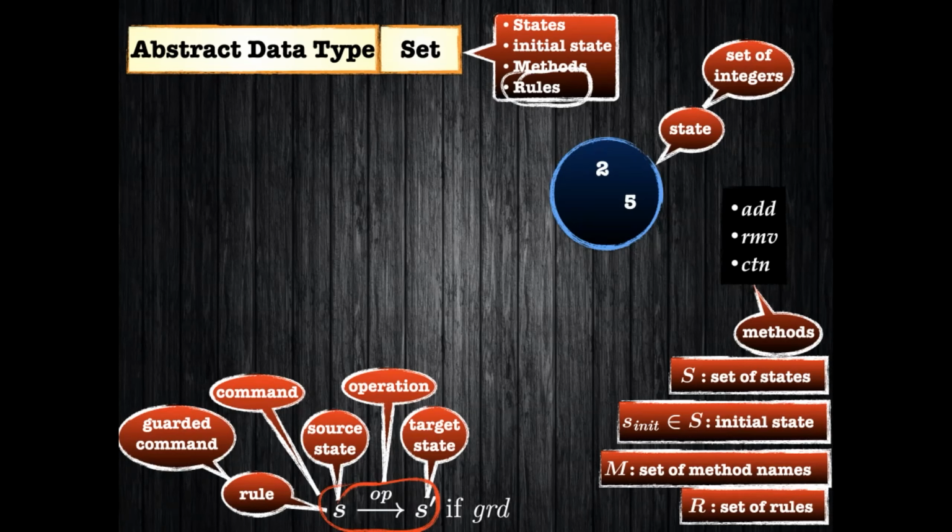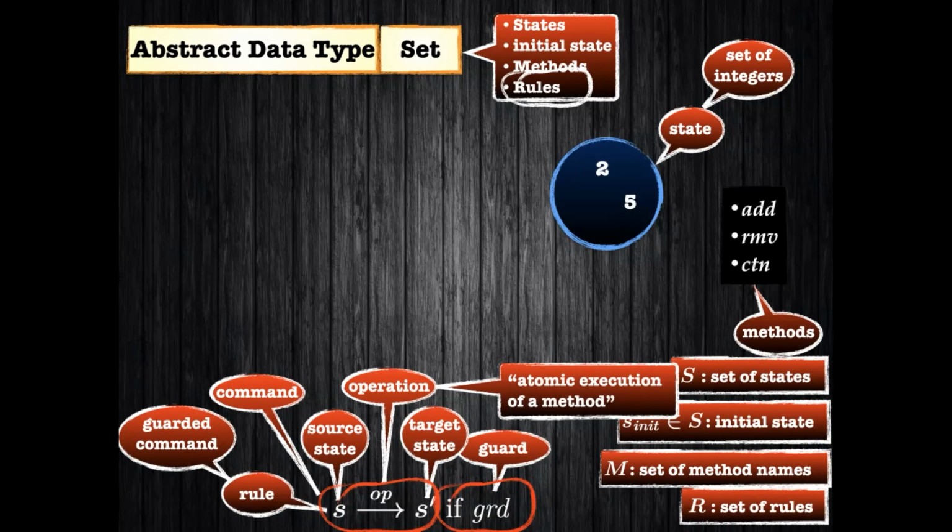For instance, if you have taken the course on programming theory, you know what a guarded command is, but you don't need to know. It's just that you have a command part, and the command part of such a rule is that you start from S, you perform an operation, and you go to S prime. And then you have a guard. It means that the command can be executed only if the guard is satisfied. And these 2 parts define a rule.